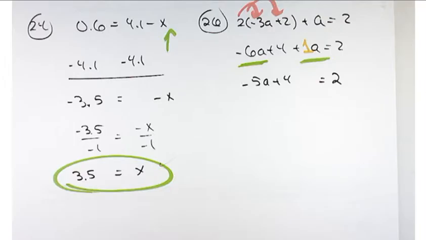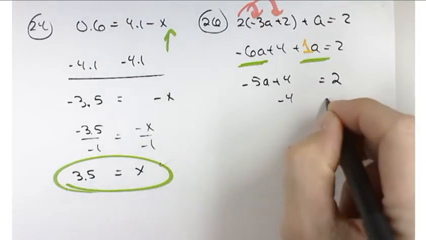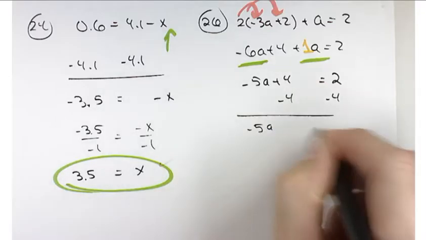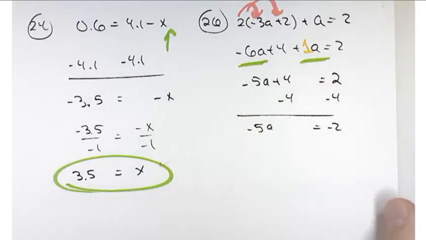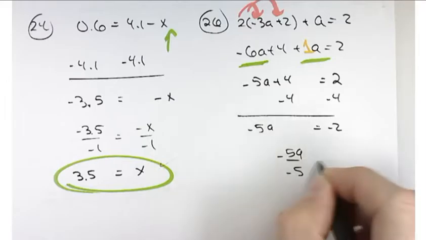Making some progress. Mark, what next? Thank you, sir. Subtract 4, negative 5a equals negative 2. Last step, someone else. Yes? Excellent. I like that. Especially that you said divide it on both sides.